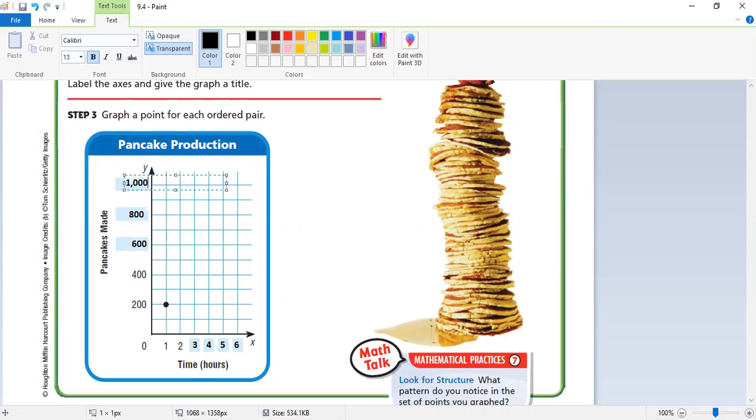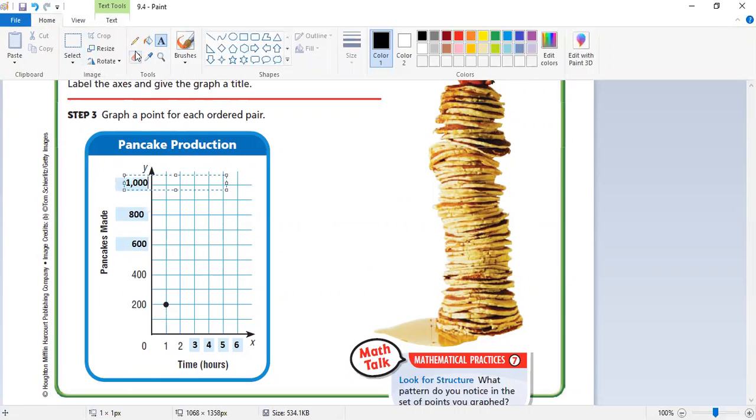Okay, now using our table, you can see when x is 1, y is 200. So when x is 2, what is y going to be here? When x is 2, how much is the y from the table? It is 400. So you just need to draw a circle on the point where both of them meet. See here, it's 2 and 400. So you go all the way up from 2 and then across to 400.